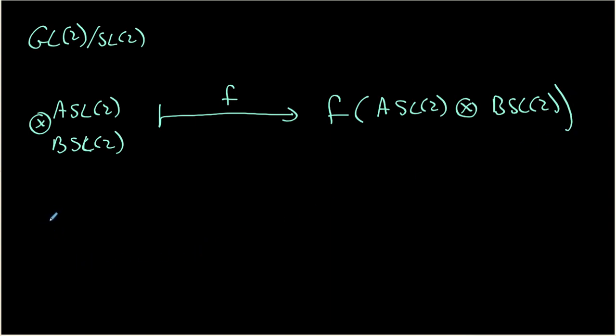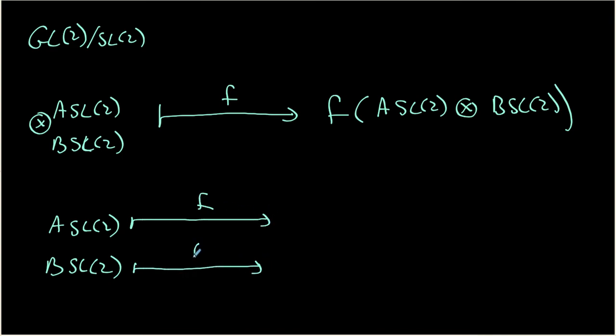Or what we can do is take each one of these elements individually and use F on them to get F of the first coset and F of the second coset.